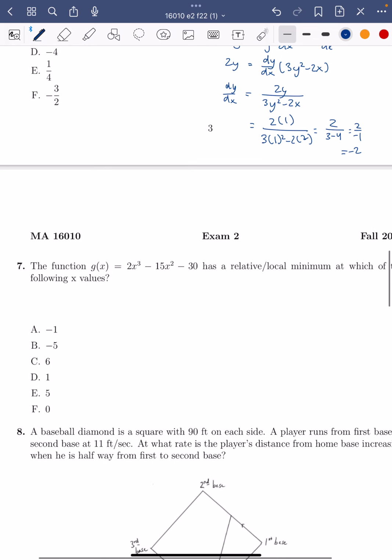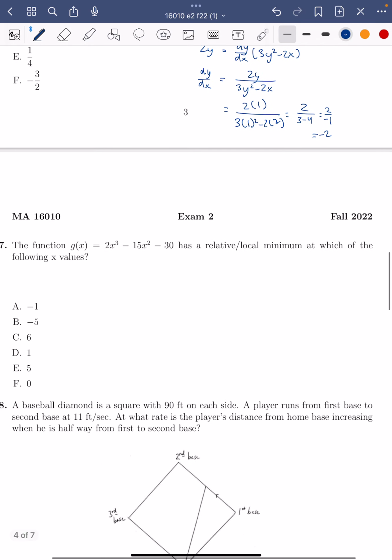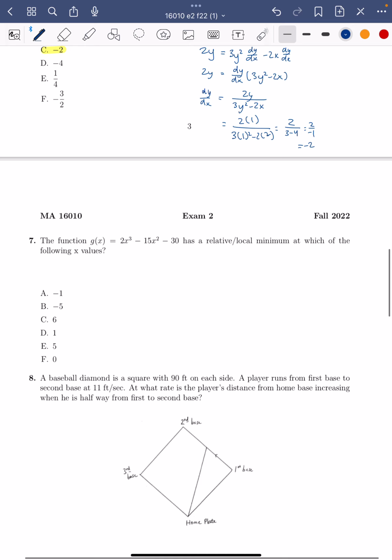Number 7. The function g of x equals 2x cubed minus 15x squared minus 30 has a relative local minimum at which of the following x values? When we're looking for local minimums or maximums, the fastest way is to use the second derivative test.